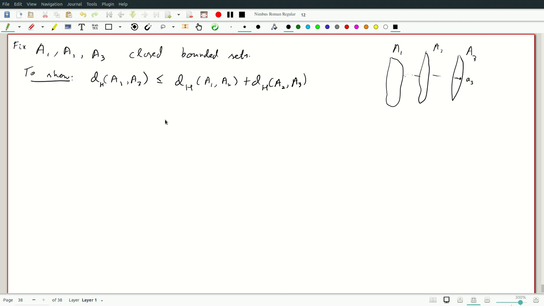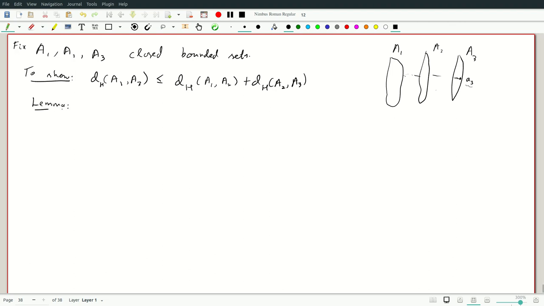Further, this distance itself is a supremum over all a3s. So to show that this supremum is bounded above, we will have to show each of the quantities in that set is bounded above. So that's what we'll spell out in a lemma, and then we'll reason forward given this lemma.